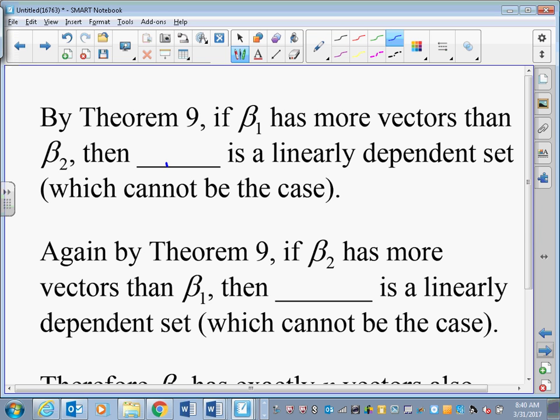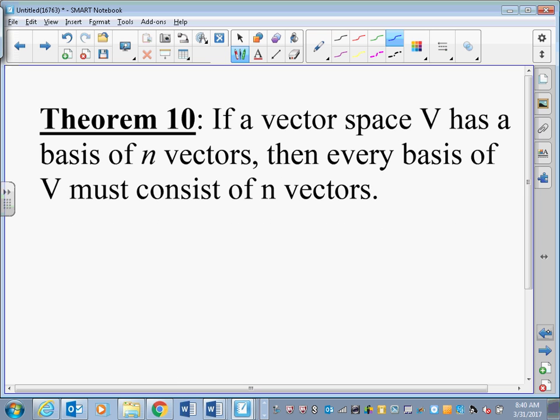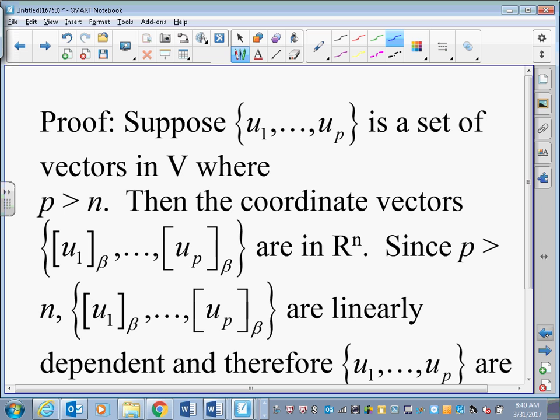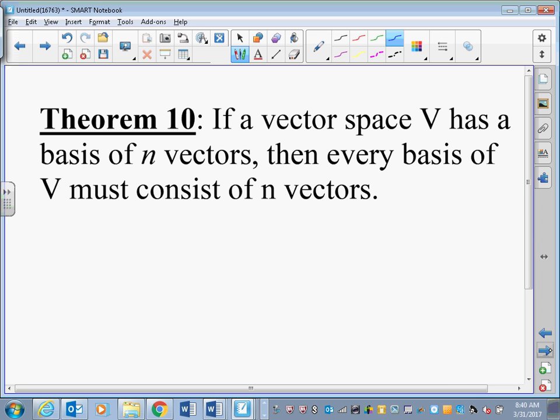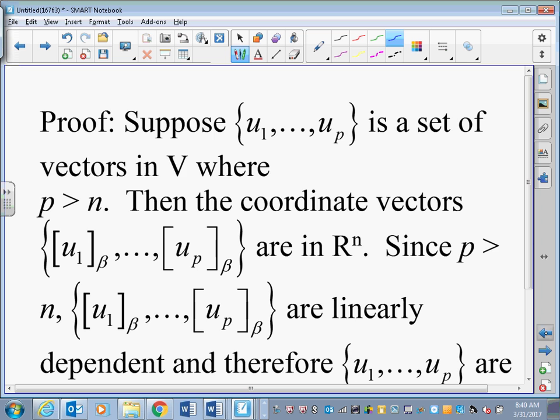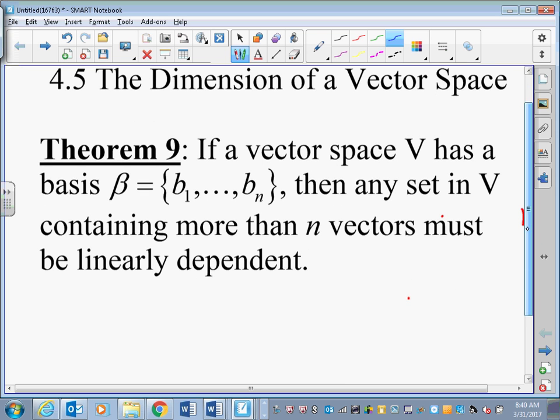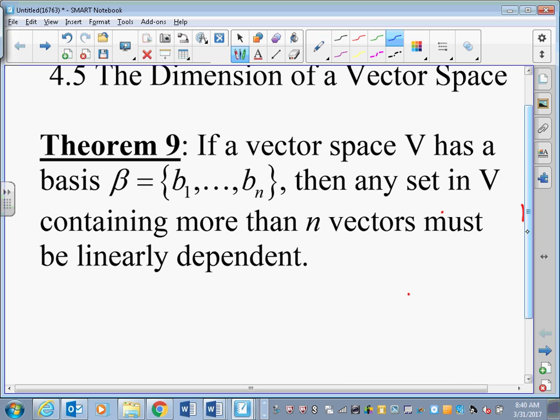Then B1 is a linearly dependent set, which cannot be the case, because you have more vectors than another one. Every basis must consist of n vectors. If you have more vectors, then it has to be dependent, more vectors than whatever we have.